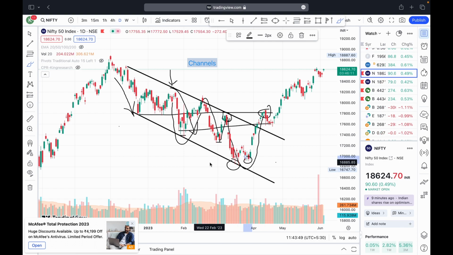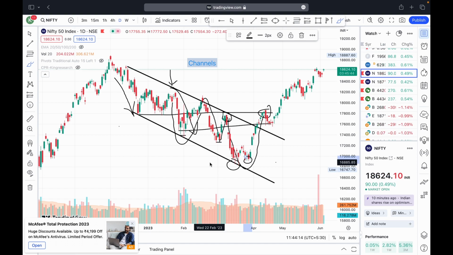This is the main difference between a range market and a channel, that they have the same level of higher highs and lower lows. There is no respect for the SNR, same as channels, and that's it.